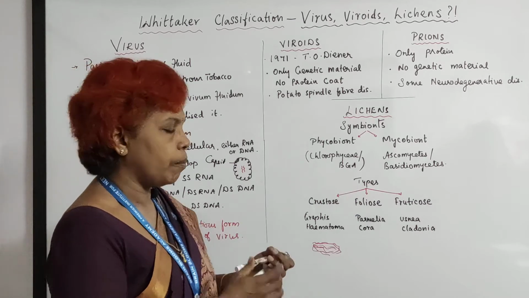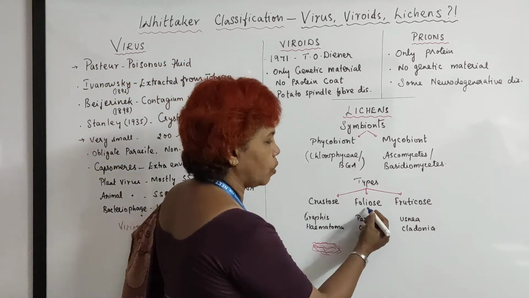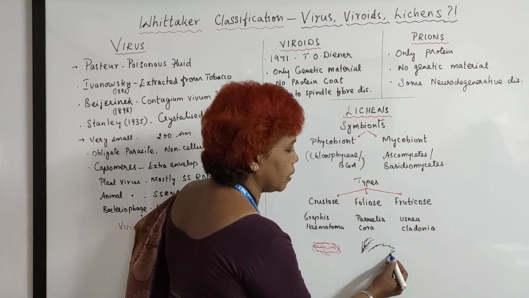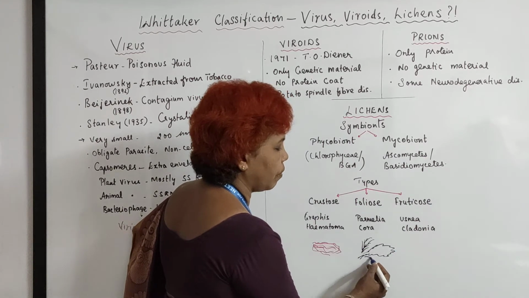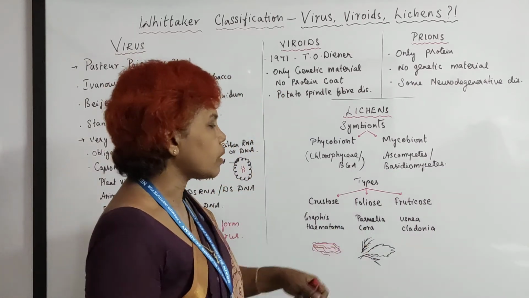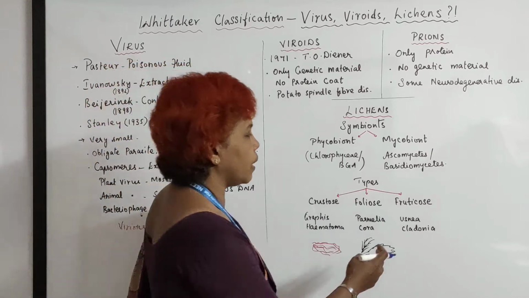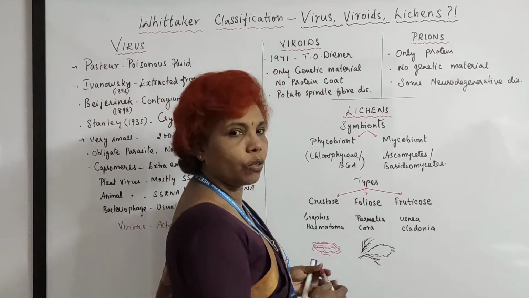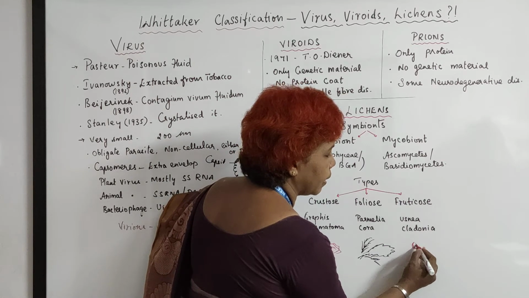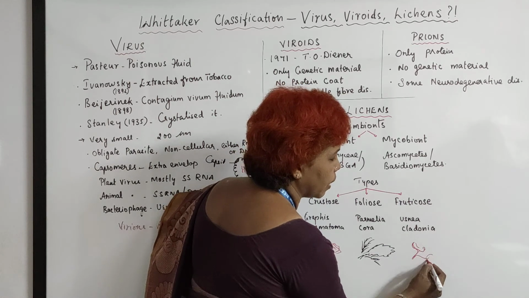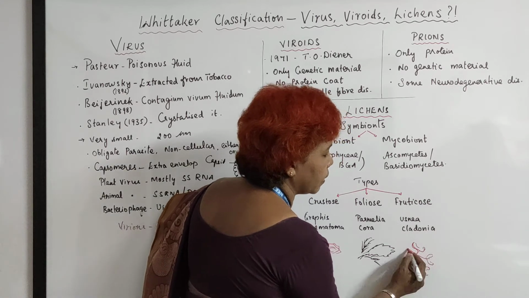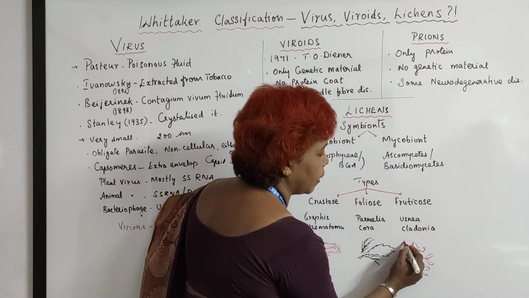But foliose lichen, foliose means leaf, it grows like a leaf-like thing, like Parmelia. And in the case of fruticose lichen, it will form like a cup, like the apothecial cup we discussed in fungi, it grows like a small cup, and it will be very good looking.